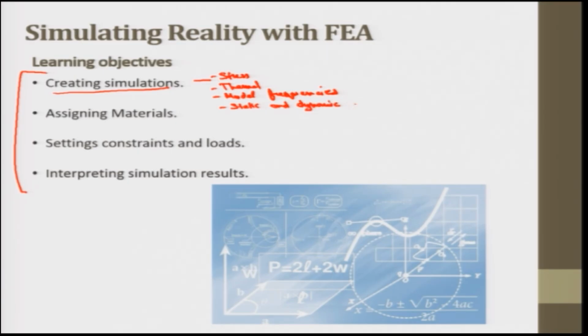Here dynamic means kinematic. Then we can have thermal and thermal stresses. Then maybe shape optimization, that is, what exactly should be the shape of the object that we are trying to produce. Then structural buckling, if it is there.